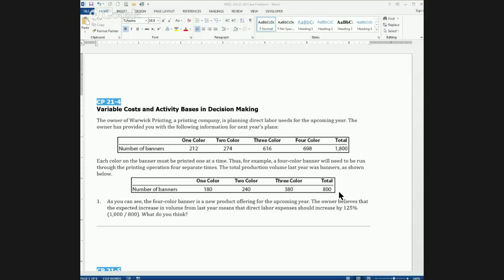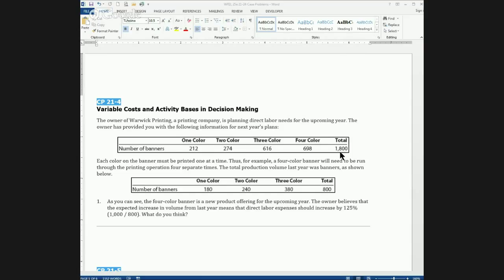In the coming year, they are anticipating a good year, and as a matter of fact, they have introduced a 4-color banner. They anticipate 212 1-color, 274 2-color, 616 3-color, and 698 4-color banners for a total of 1,800 banners. Now, here's the goal of the case.